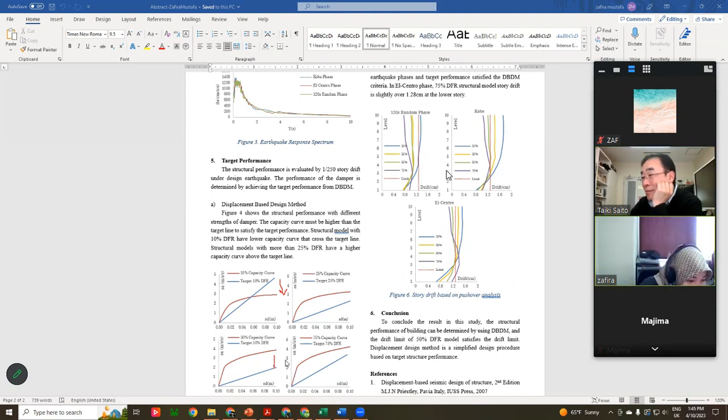But Sensei, if you can see here, this one is 2, right? This is 2, and this one is increasing, becoming 3%. But the capacity is increasing, but the blue line is changing.